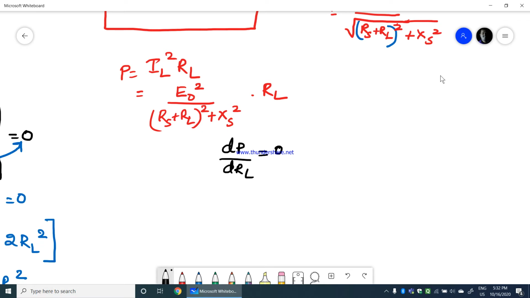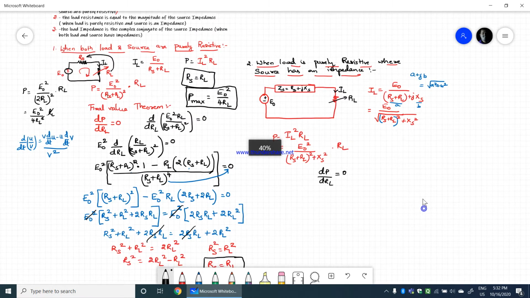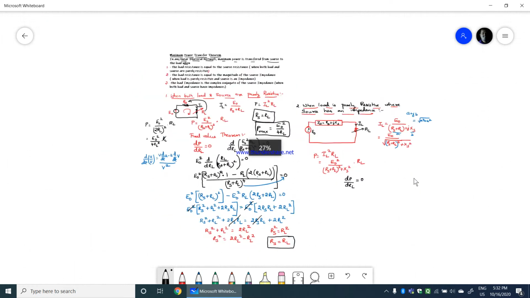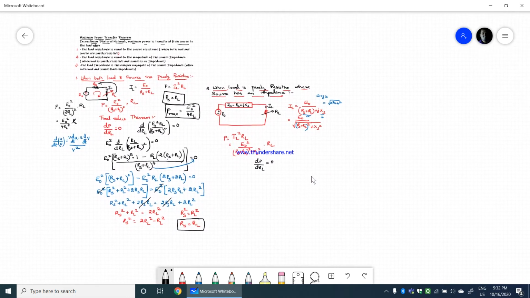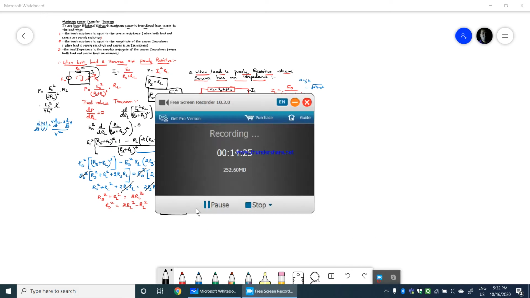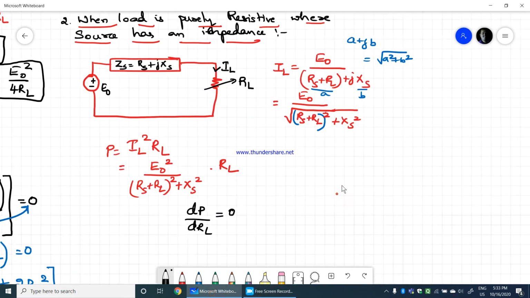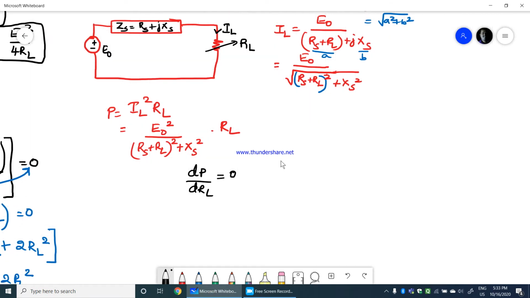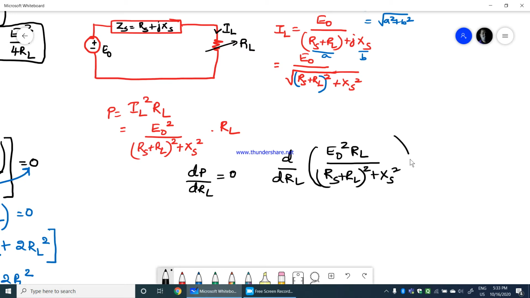So therefore, dP by dRL is equal to 0. Therefore, we are going to differentiate P now in terms of RL. So it is d by dRL of E naught square RL divided by RS plus RL the whole square plus XS square, which is equal to 0.